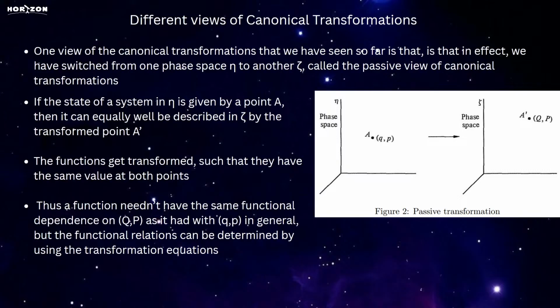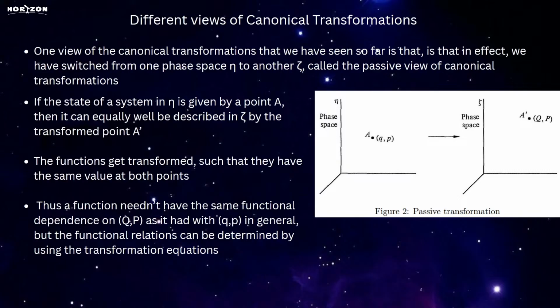Till now, we have discussed canonical transformations as transforming one phase space to another. In such transformations, since our problem and the related variables themselves are independent of the phase space being used, the relevant quantities must be invariant of phase space. What I mean is, if you evaluate, say, something like energy in one phase space, we should get the same value of energy regardless of what phase space we use.